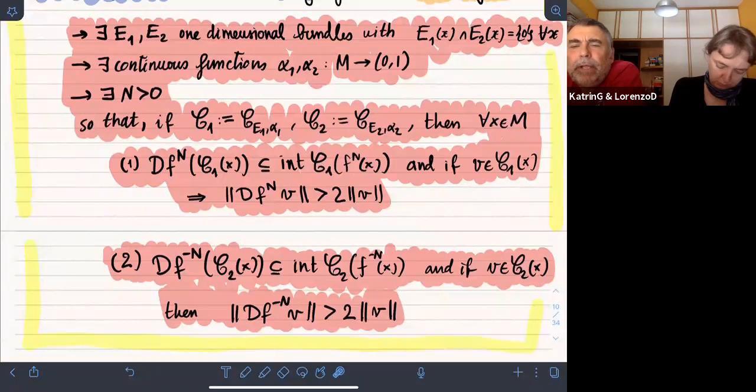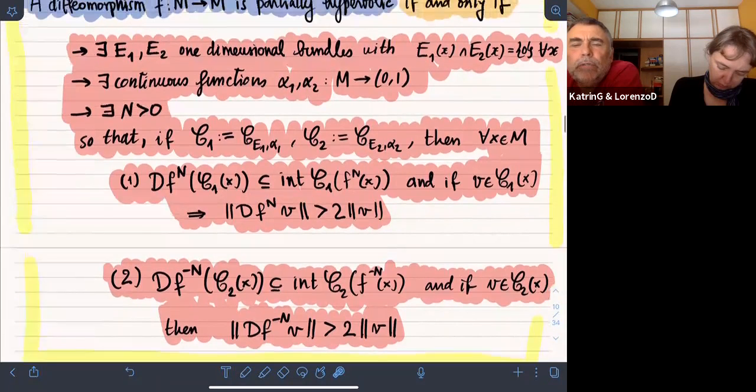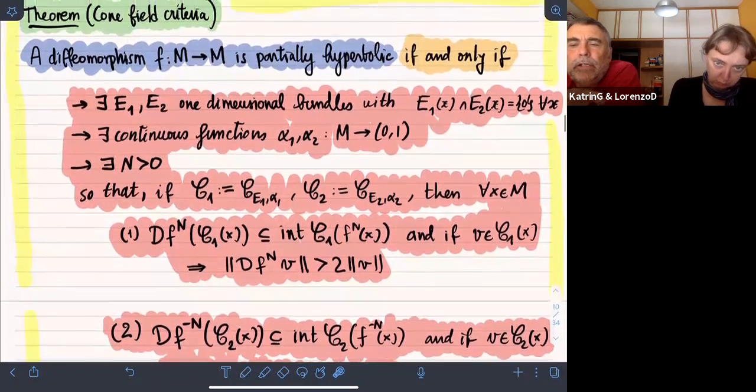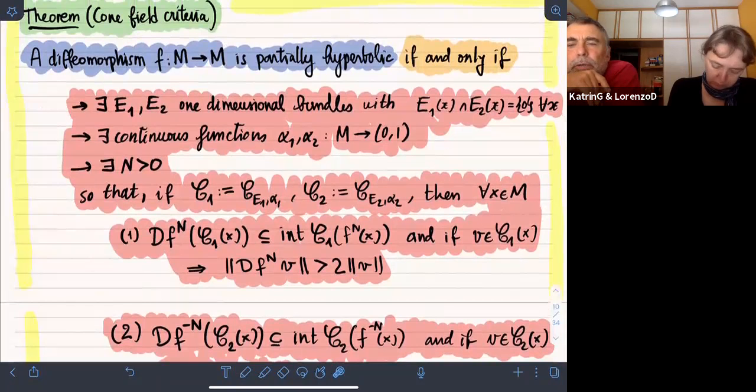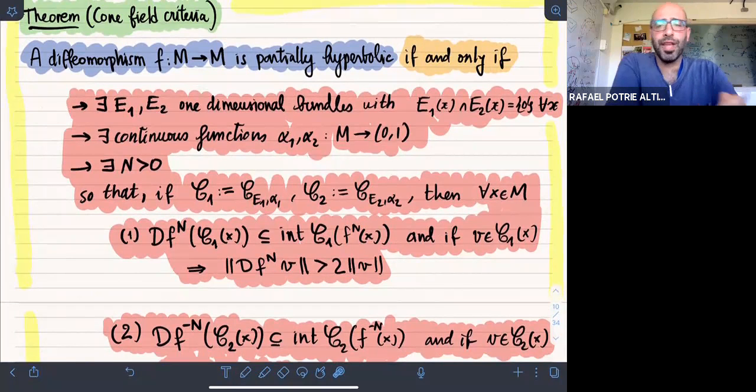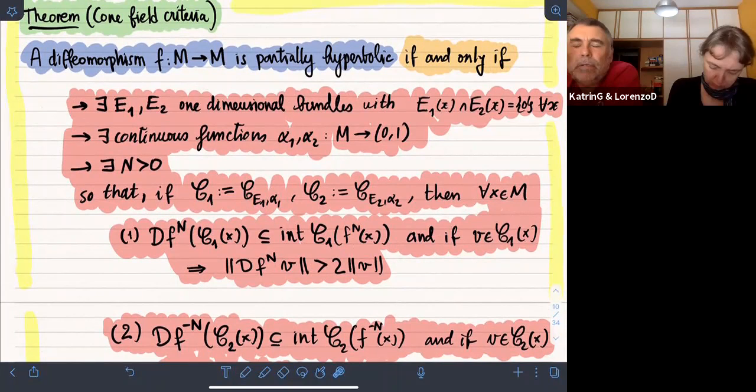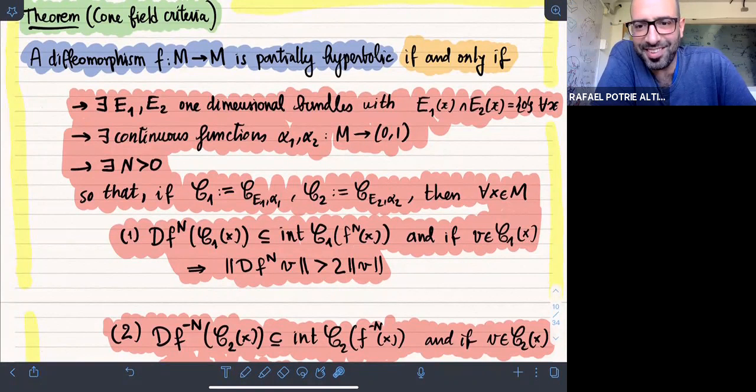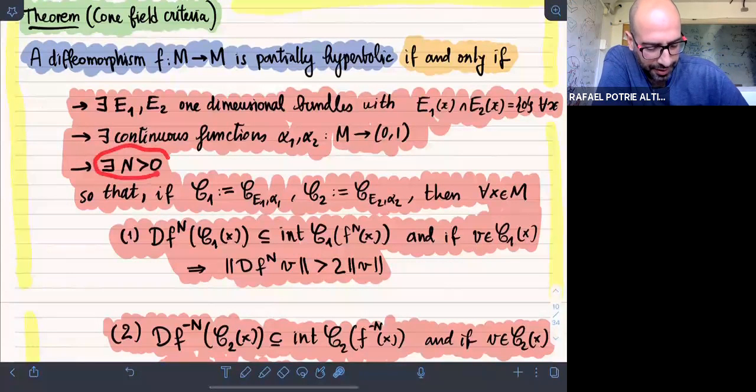Rafael, yes. Probably a silly question. Why are you not considering the constant function? Why are you not interested in having a continuous function? Yes, that's a very good question. The same statement works if I consider the constant function, because I'm also taking this n here, which allows it.